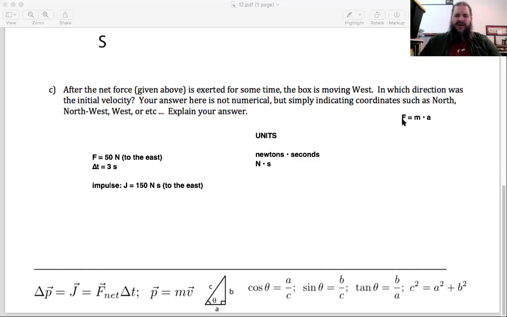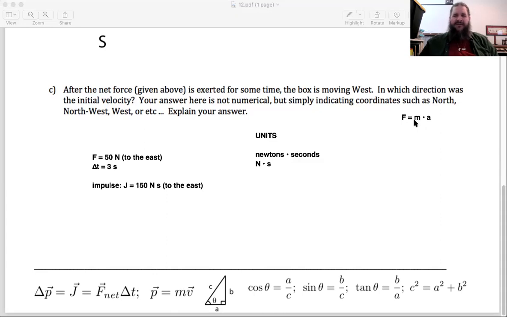Apply a force to an object, assuming that's the only force or the total force, and you make it accelerate. The acceleration is going to be in the same direction as the force, because force and acceleration are both vectors. The amount of acceleration is going to be proportional to the force. The more acceleration you want, the more force you need to make that happen.